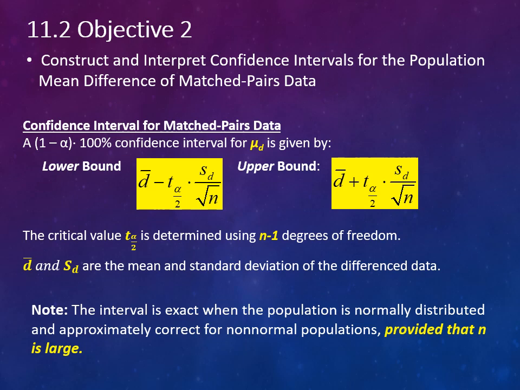The interval is exact when the population is normally distributed and approximately correct for non-normal populations, provided that the sample size n is large, which we've seen again and again. It's a pretty standard kind of operation.